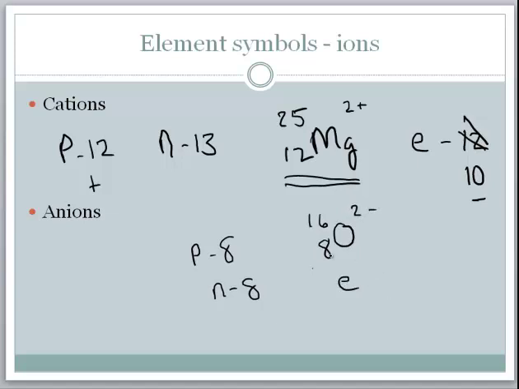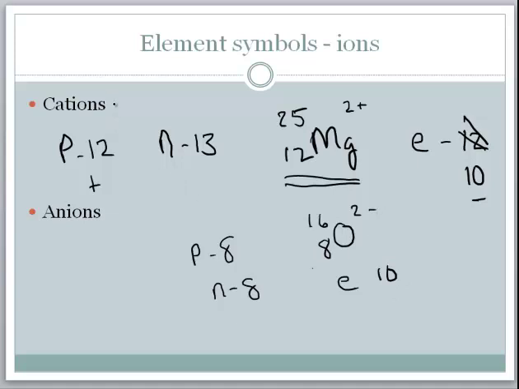If we've got 8 protons and there's a 2 minus charge overall, that means we have to have 2 more negatives than positives, so we would have to have 10 electrons. So when you write nuclear symbols, you have to identify their charges, which would identify the number of electrons present. And we'll use these quite a bit.